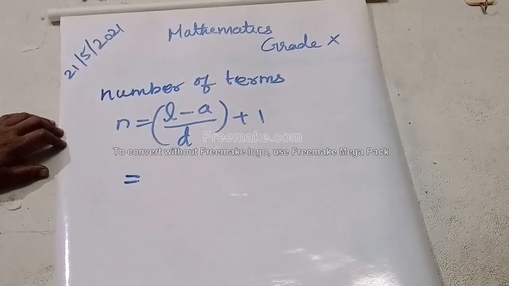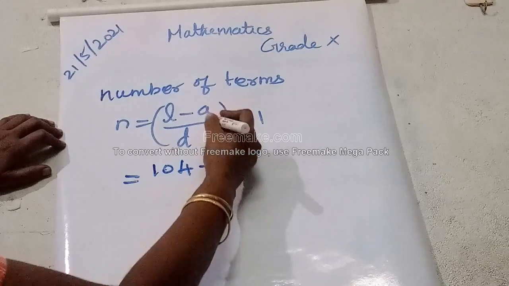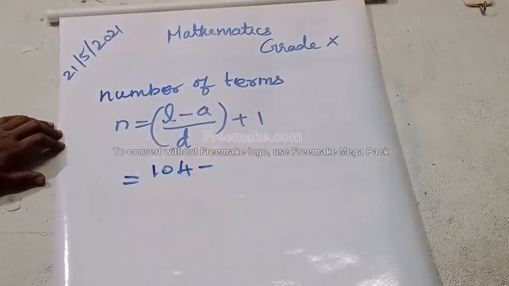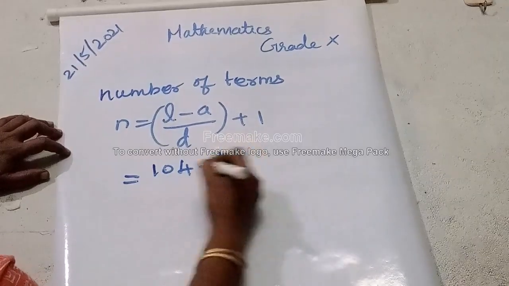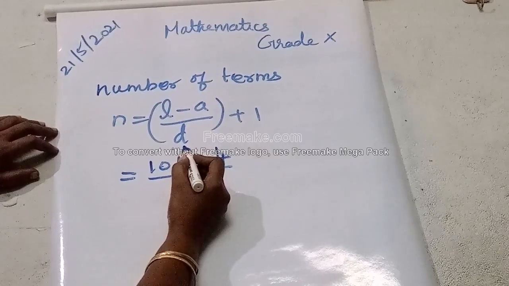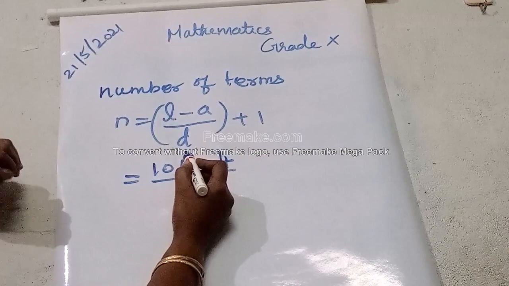Last term, I said, is 104. 104 minus a, the first term, which is 4, by d, the common difference, second term minus first term. It is given as an AP.